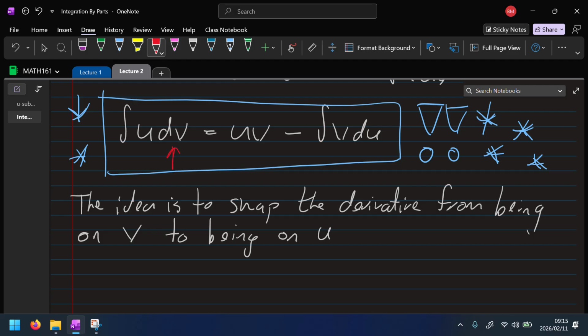So here the derivative was on v, we had dv by dx. We swap it over to the other term, and now we have du by dx. And again, we cross our fingers and we hope that that second term there is easier to work with than this first one.